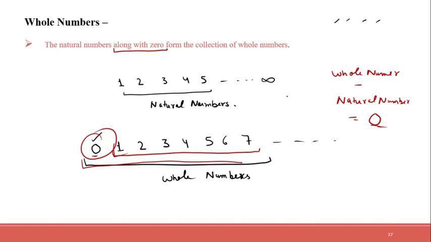That means whole numbers are nothing but 0 and then series of natural numbers like this, 5 and so on till infinity. Okay, so I hope you got this concept. That means now you know what is whole number and what is natural number. The difference between natural number and whole number is just a 0 before the whole number.